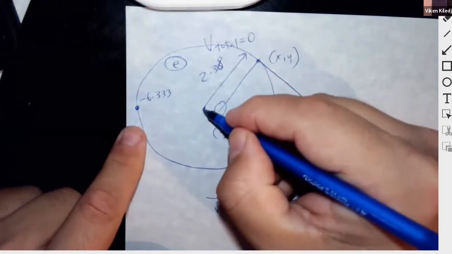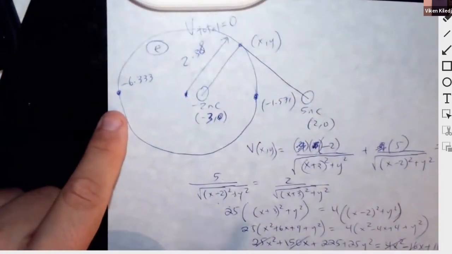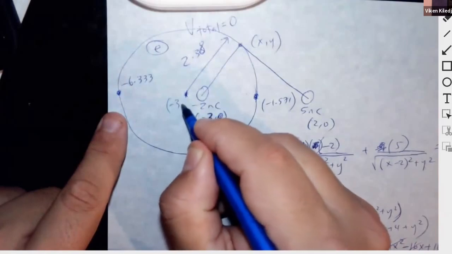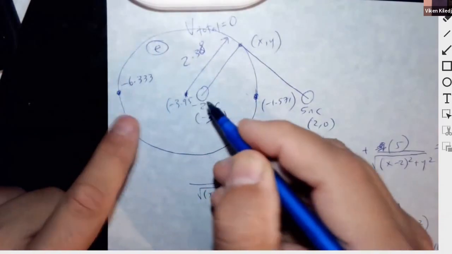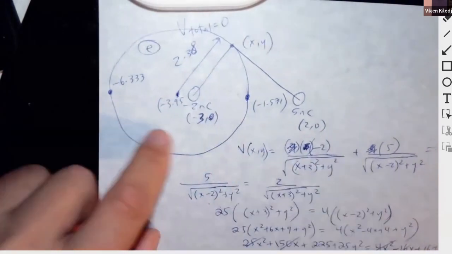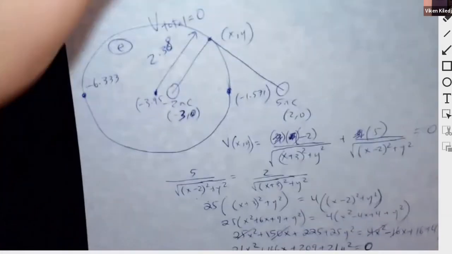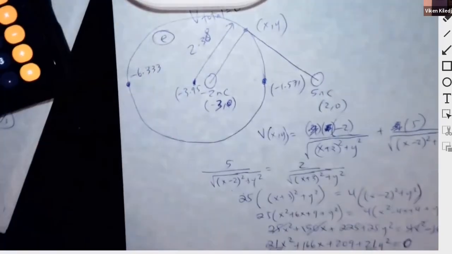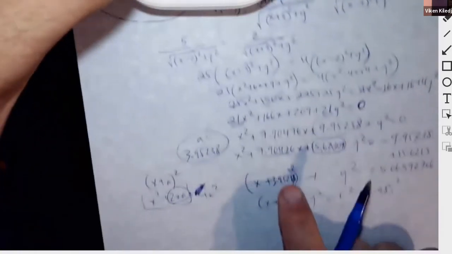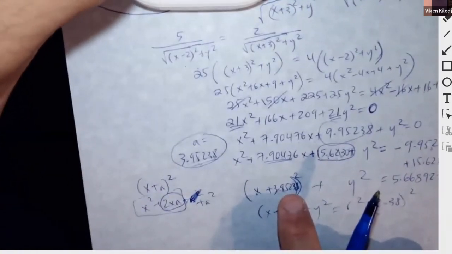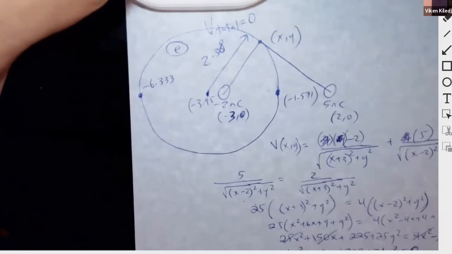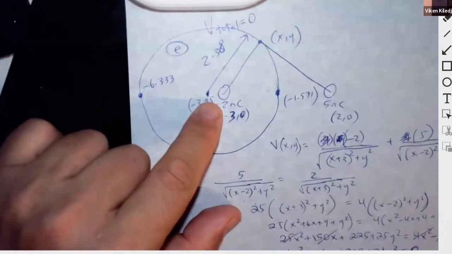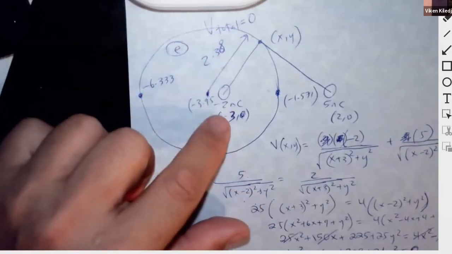If the center is negative 3.95, would that make sense that the radius is 2.38?